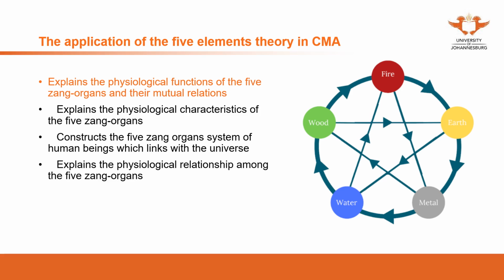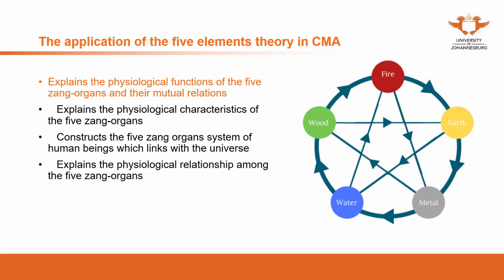Therefore, the spleen belongs to the earth. So when you consider each organ, you can find the explanation from the five-element theory. You can also find the connection between the organs and the elements. Why were these organs categorized into specific elements? Because they have something similar.